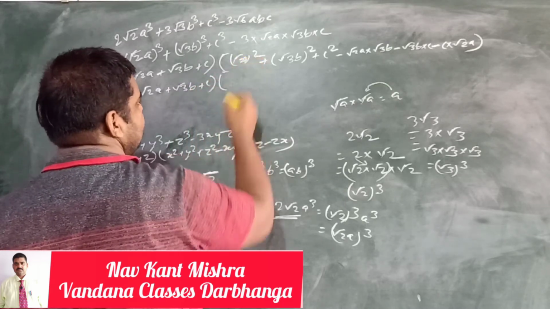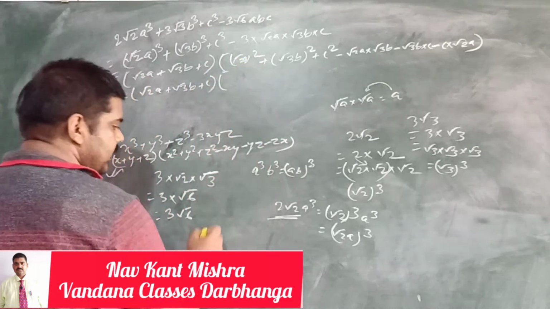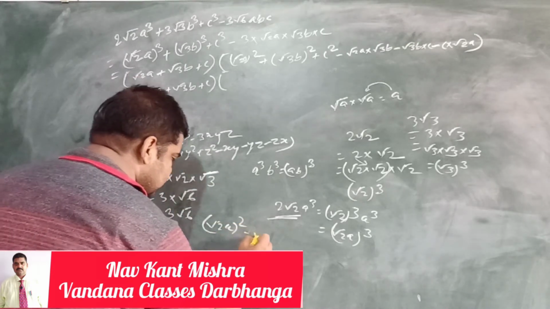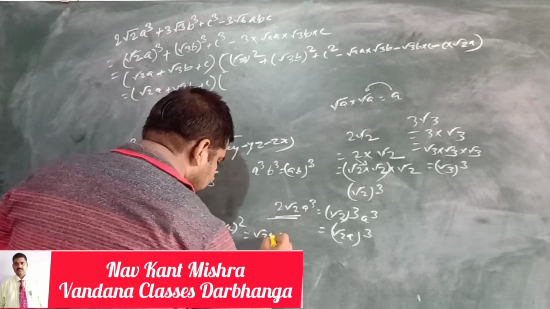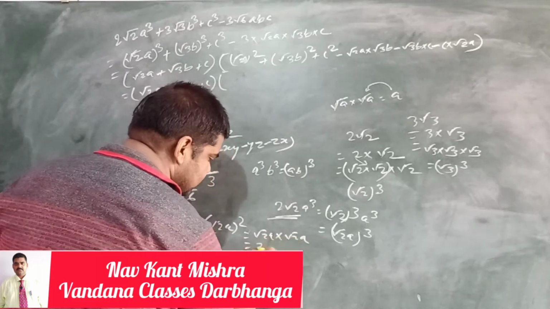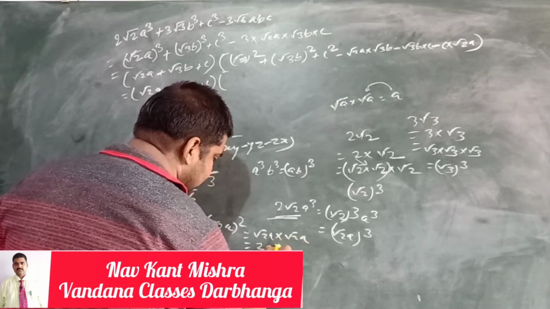And after that you know very well that the final result will be root 2a plus root 3b plus c into root 2a square, and root 2a square means root 2a into root 2a, root 2 into root 2 is 2, a into a is a square.